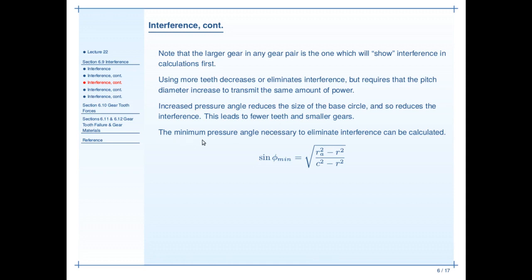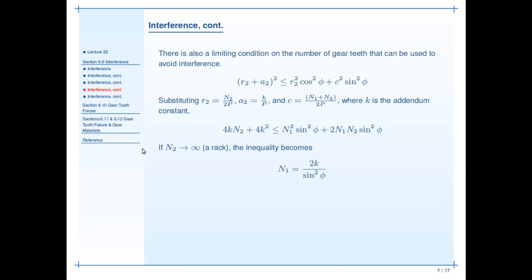You can calculate the minimum pressure angle that's necessary to eliminate interference by knowing the center distance, the pitch radius, and the addendum radius. Finally, for interference, there's a limiting condition on the number of gear teeth that you can use to avoid it. It can be calculated by knowing the pitch radii, addendums, and the center distances, as well as the pressure angle.